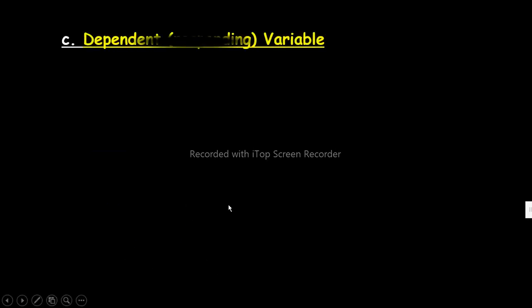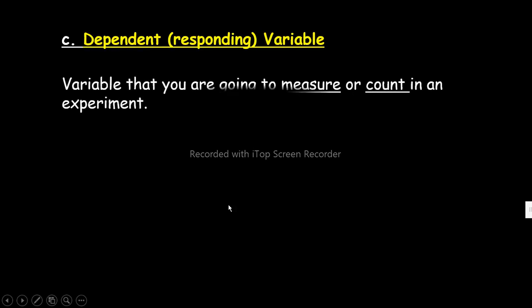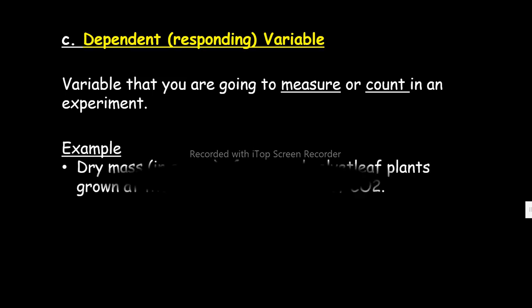Then the dependent variable is that measurable factor in an experiment whose response is dependent on the change of the independent variable. For example, when you provide these different carbon dioxide concentrations, the productivities will be different.